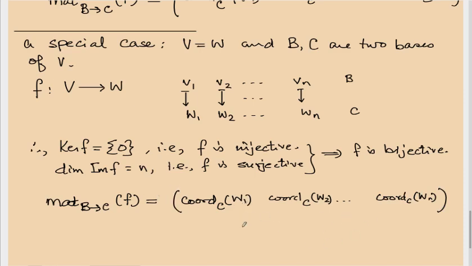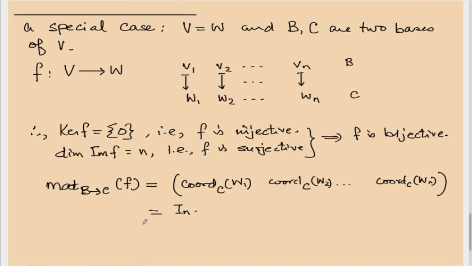This is obviously 1 0 0 0 0. So this is obviously In. Okay, but we missed a little bit. It's not actually the matrix of the change of basis.